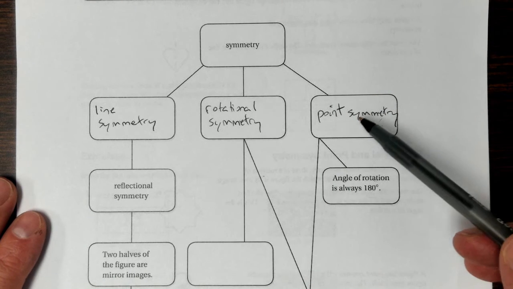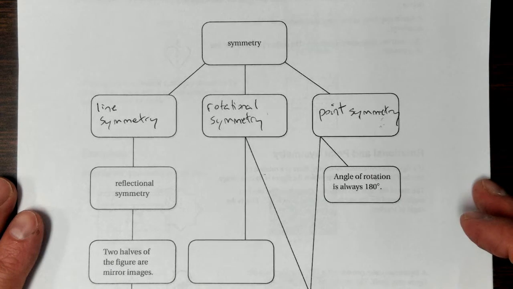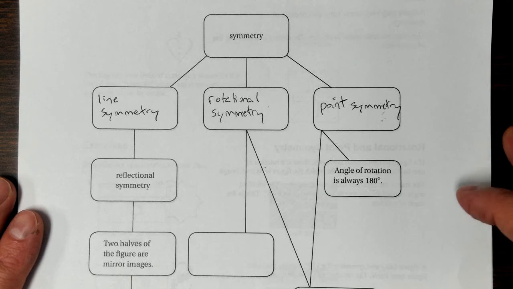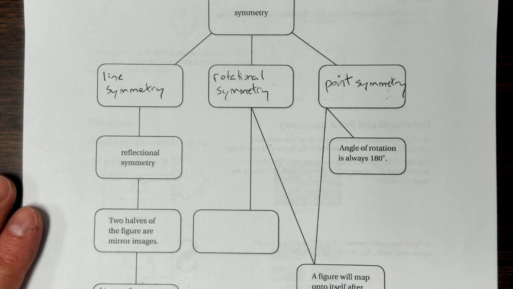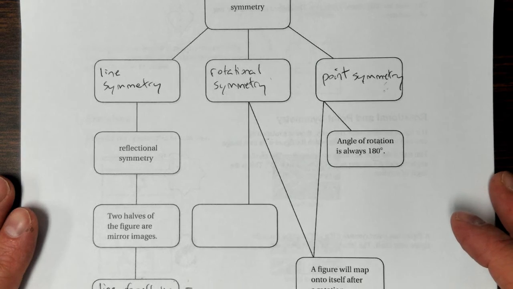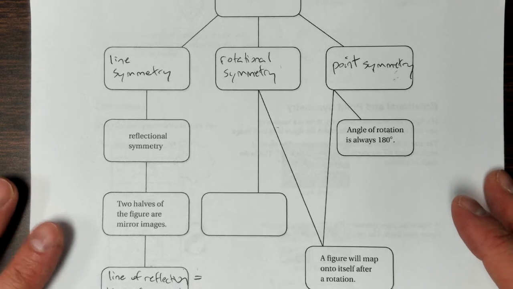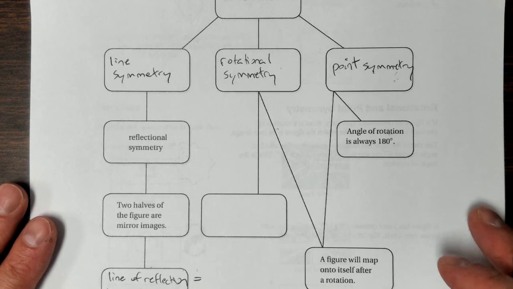And again, point symmetry is a type of rotational where it's 180. So if you actually turn the figure a certain angle, then it would match in some cases, like on a hexagon or on a square. And you'd also be able to find your degree measure by doing your formula 360 over n.